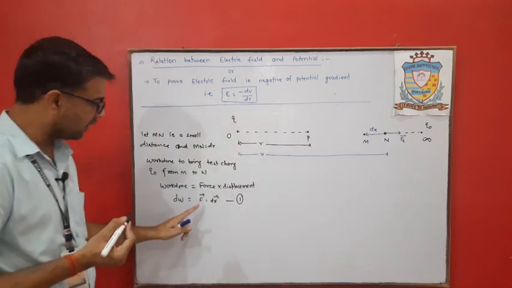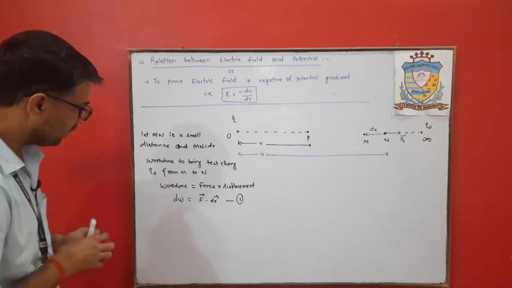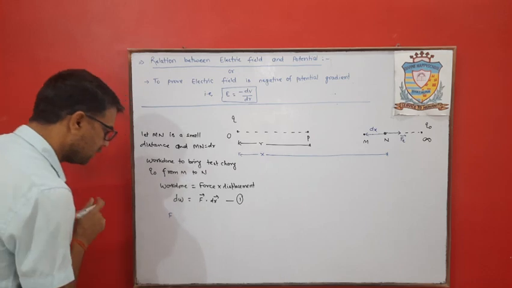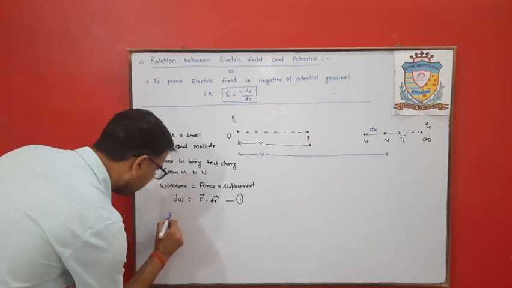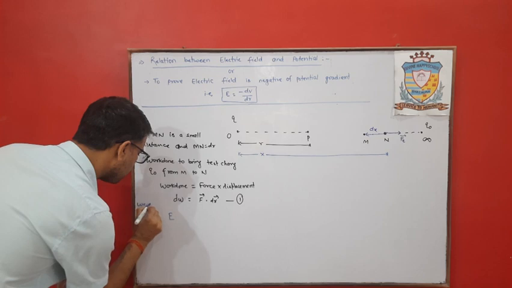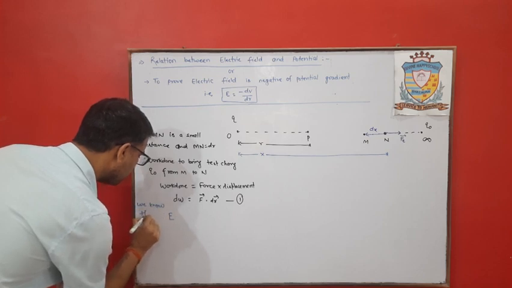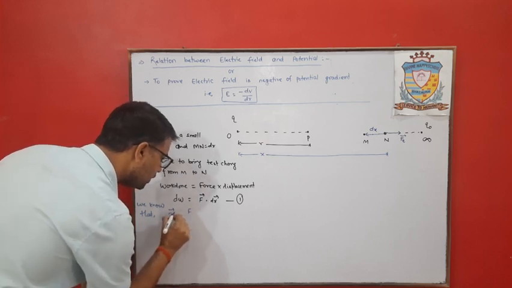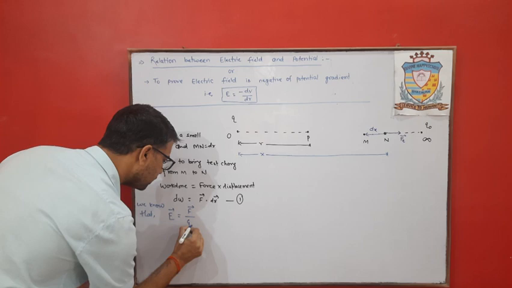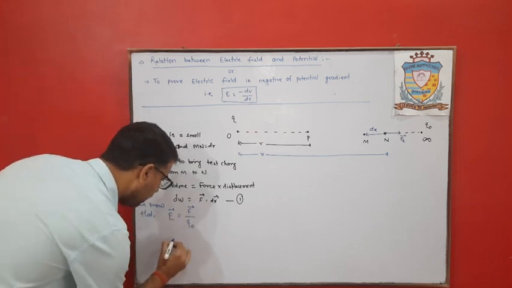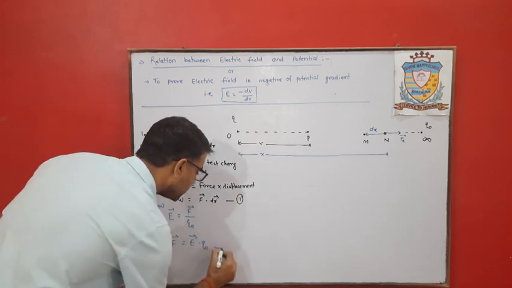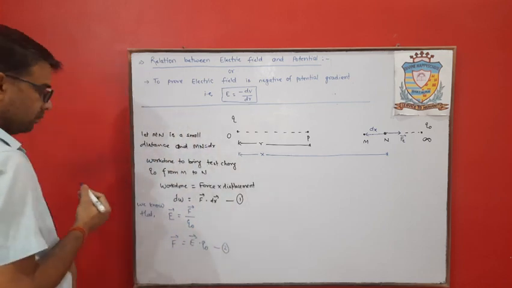Now first we will find the value of F. We know that electric field E is equal to force F upon Q naught. So from here can we say F is equal to E into Q naught? This is our equation number 2.